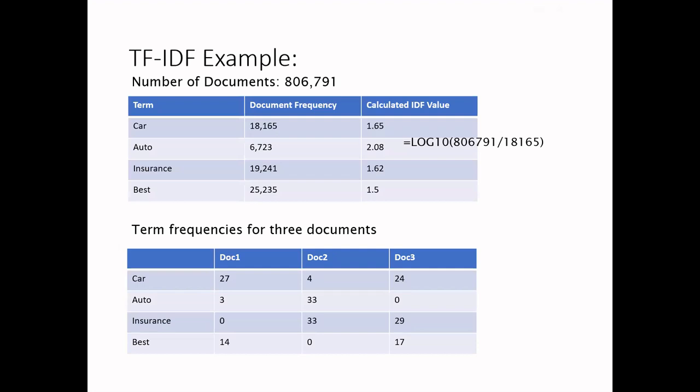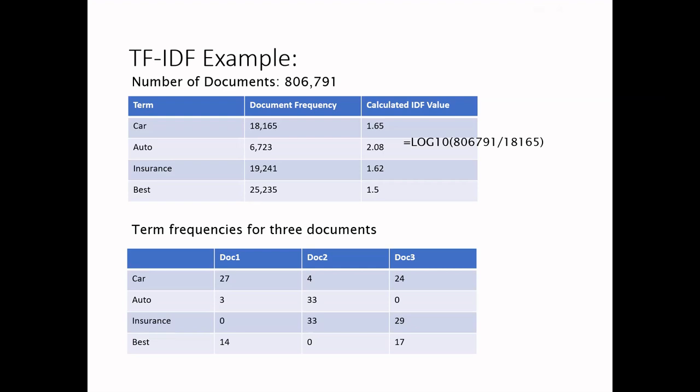the weights are calculated. So here is an example just to give you an idea. So let us look at these 4 terms: car, auto, insurance, and best. And the document frequency for these terms are shown there. All right. And the total number of documents is given as shown, 806,791. All right. So based on that, one can calculate the log of inverse document frequency. That is what we are calculating above.